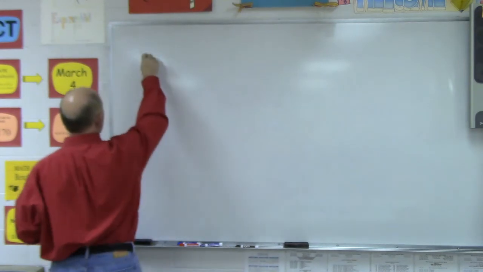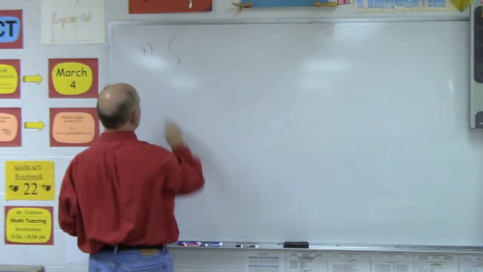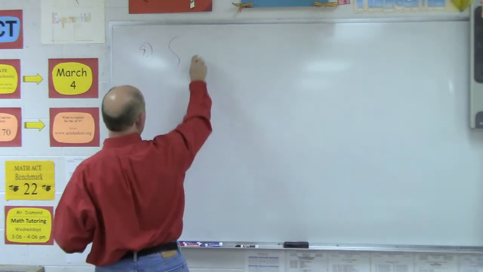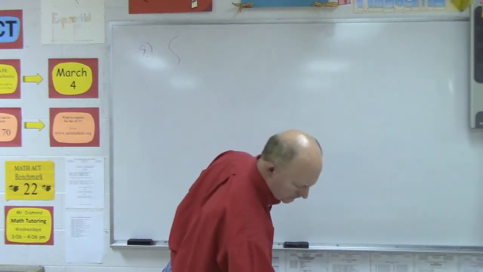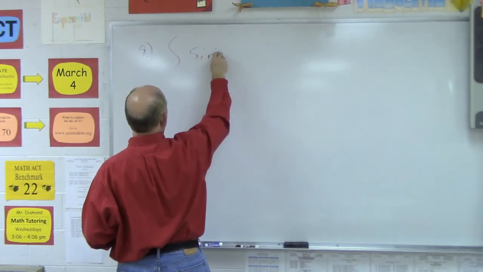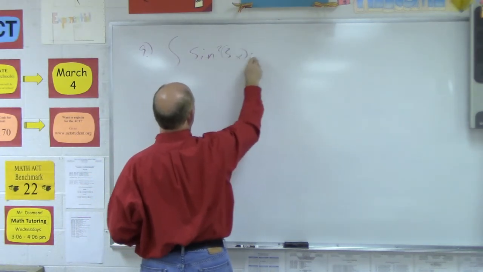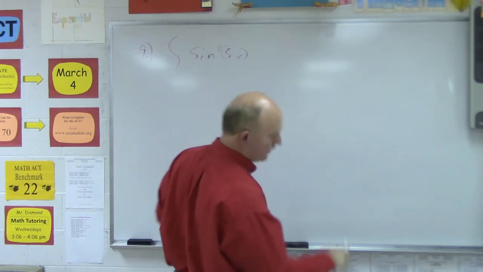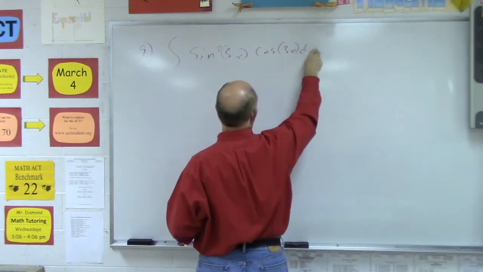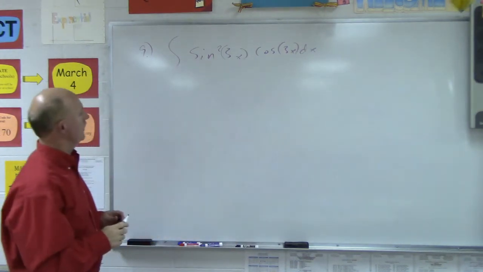This will be problem number 9. Another trig, we'll try the antiderivative of sine squared 3x times cosine 3x dx.